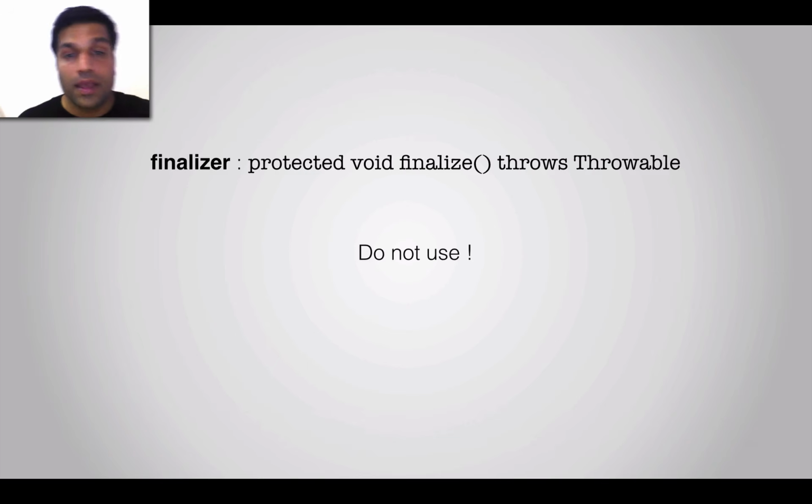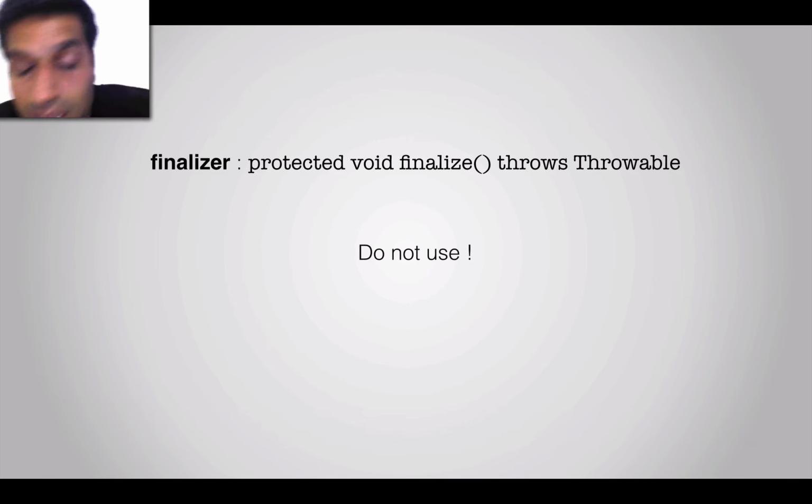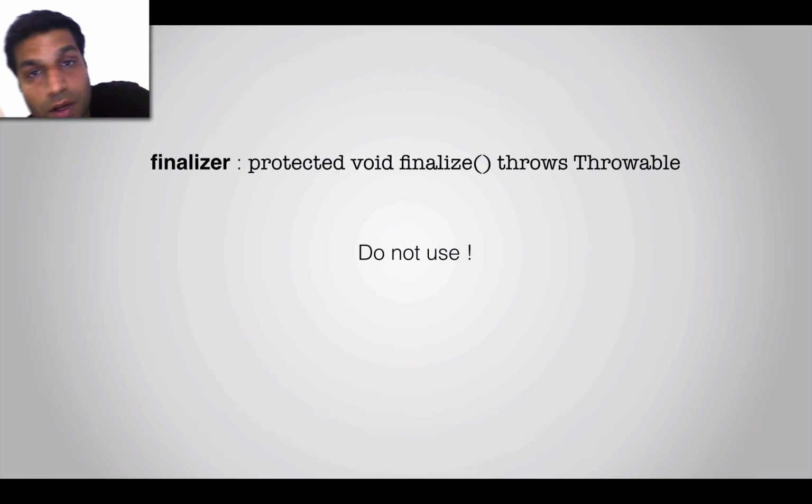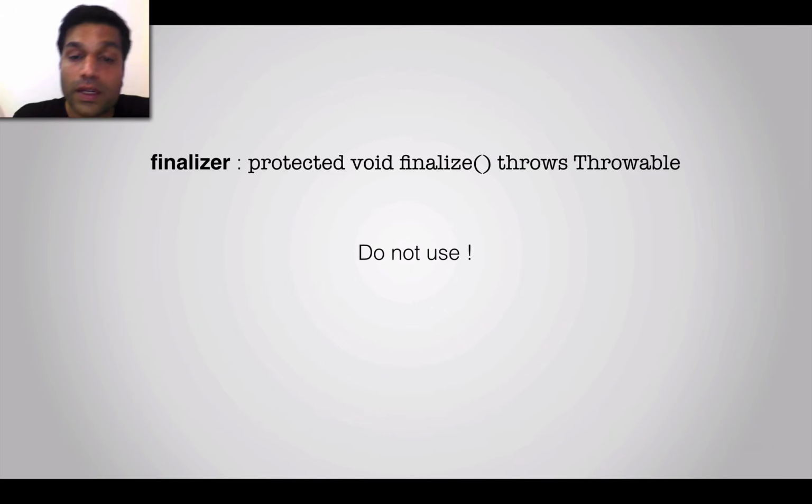So let's step back here and talk about some things that the JVM provides. In the Java language specification there is something called a Finalizer. A Finalizer is basically a method that is guaranteed to be called when the object gets garbage collected. So there's this method called protected void finalize that can throw an exception.